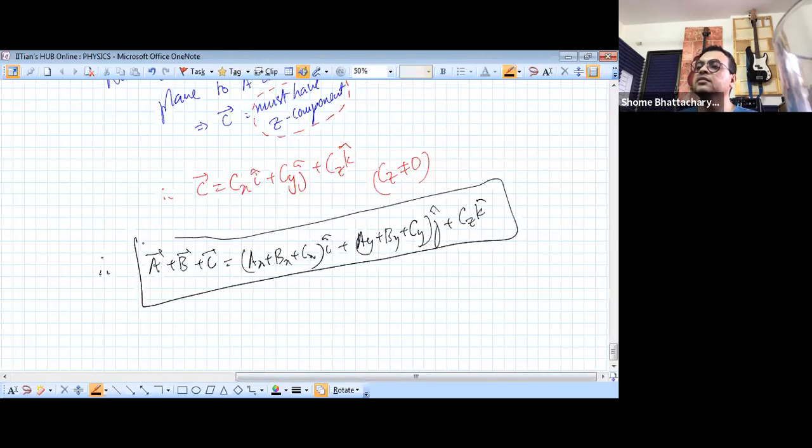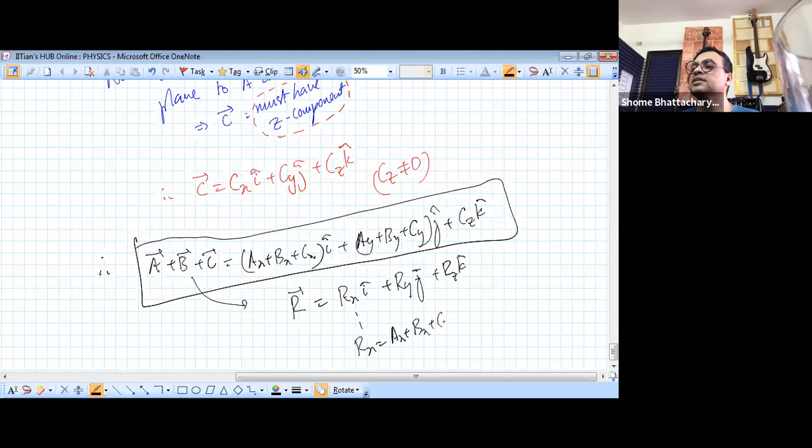So this resultant of A and B and C is having some X component, some Y component, and some Z component. That resultant's X component is Ax plus Bx plus Cx, so it may or may not be 0.